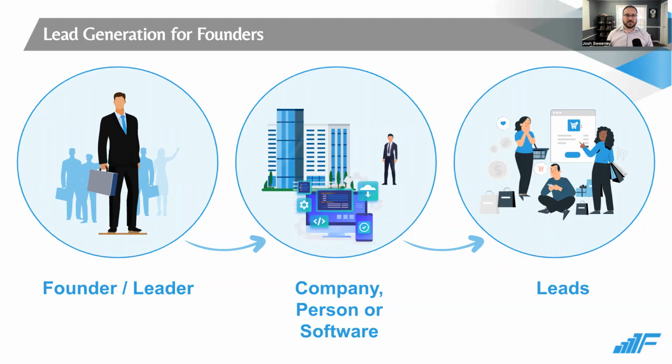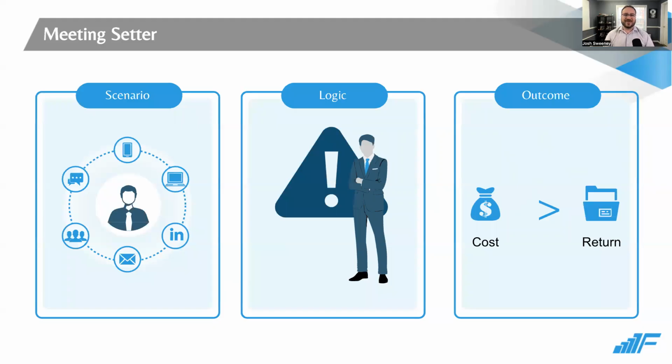The first example is a sales style lead generation tactic that businesses try, and it's called a meeting setter. Here's the scenario. As a business, you want more scalable revenue, and you believe that the answer is a lead generation service where someone does a number of outbound activities, calls, emails, meetings, messages, to set meetings for you or someone on your team.